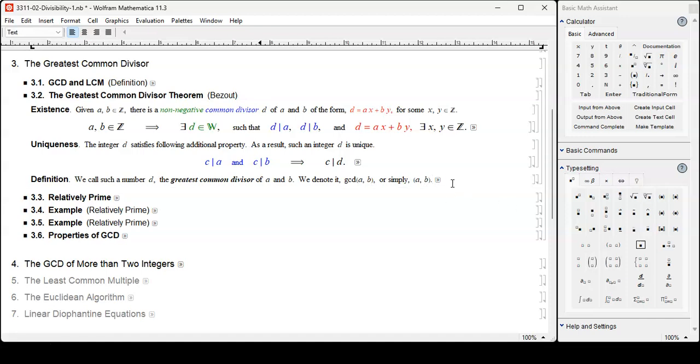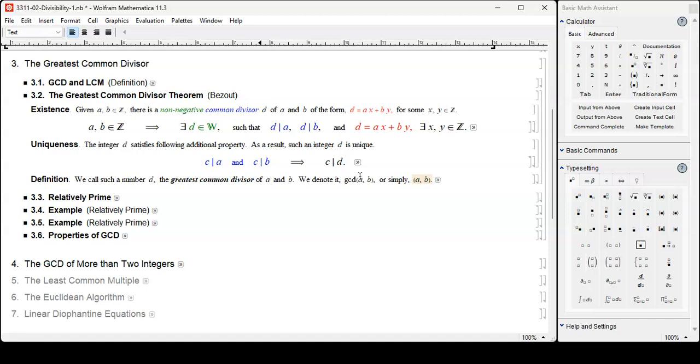And let's get to this alternative definition. We can call such a number D the greatest common divisor of A and B, and we denote it as GCD of A and B, or simply just (A, B) when there's no danger of confusion.